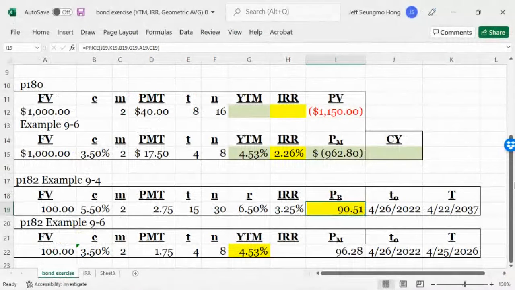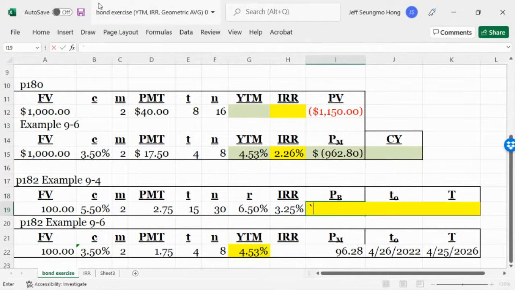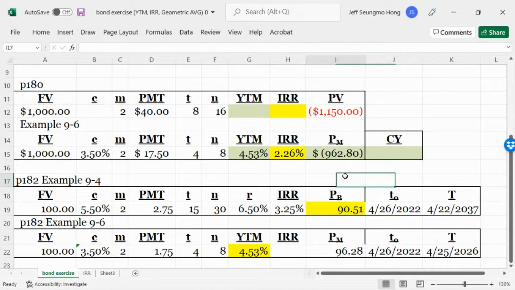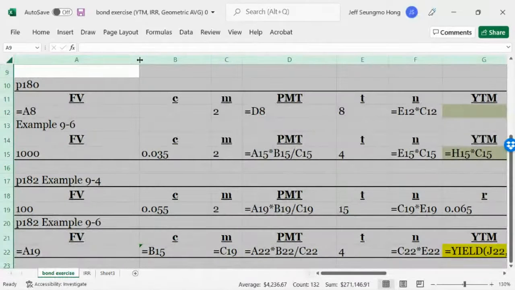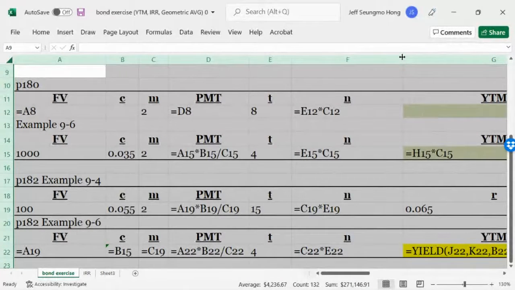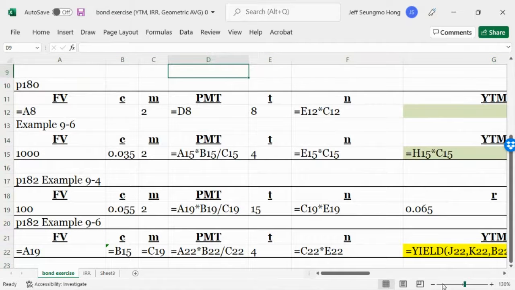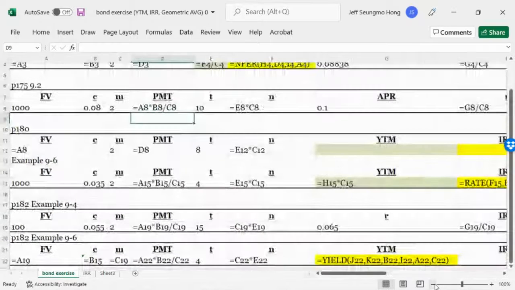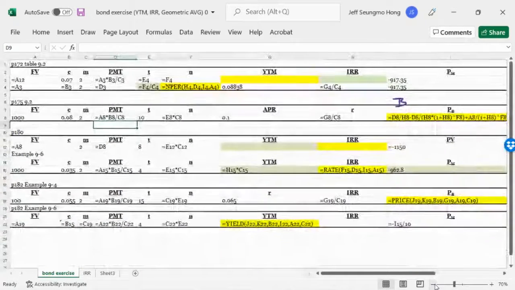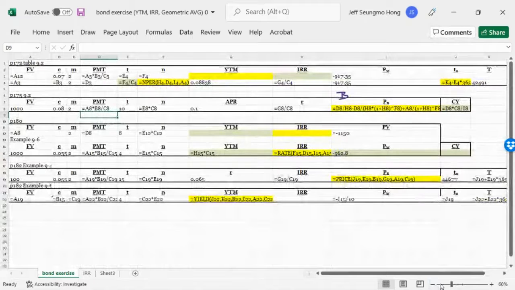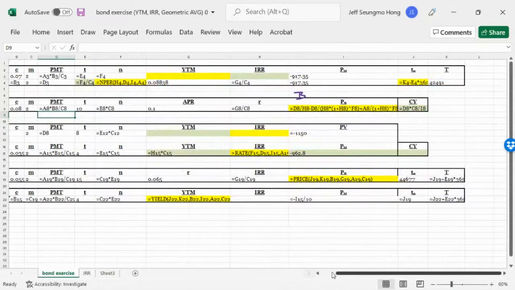So I'll turn this into a formula view. Oops, not there. But when it is in formula view, you can't see really well. See, this is the problem. If I'm in formula view, you can't really see it well.